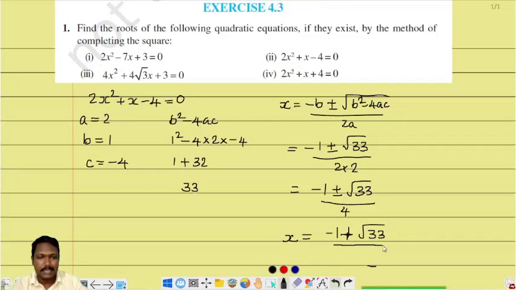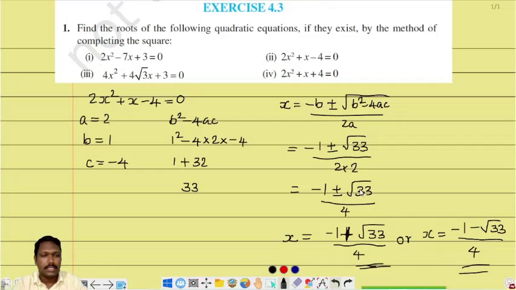Anyway, it's an irrational number. So we will have minus 1 plus root 33 divided by 4, or x is equal to minus 1 minus root 33 divided by 4. So these are the values of x. These are the roots, because root 33 you can keep like that.